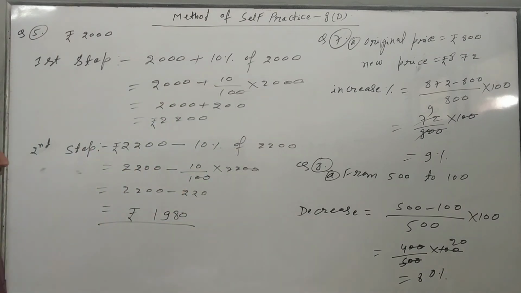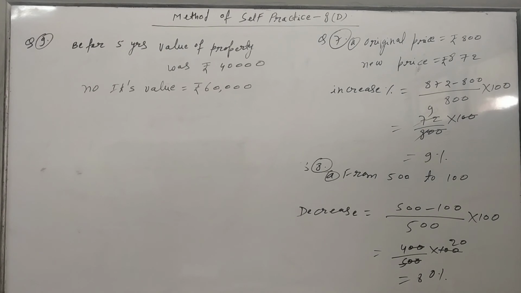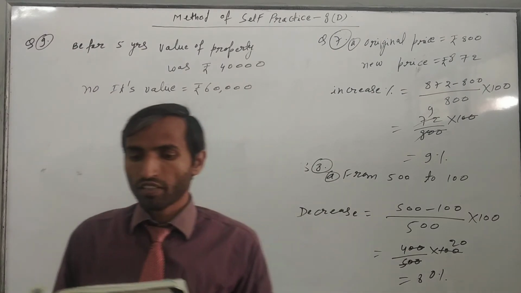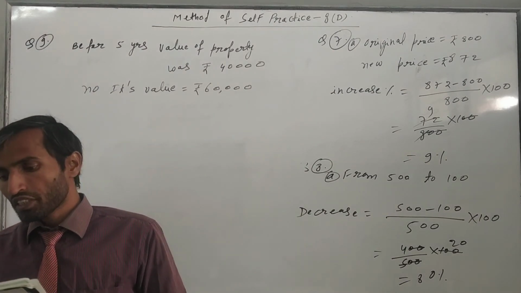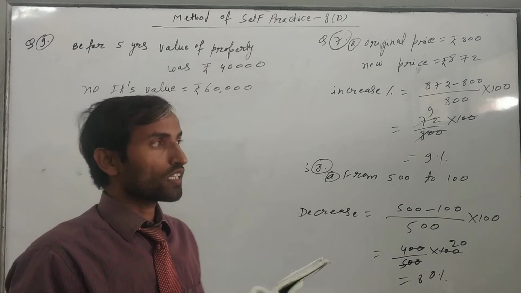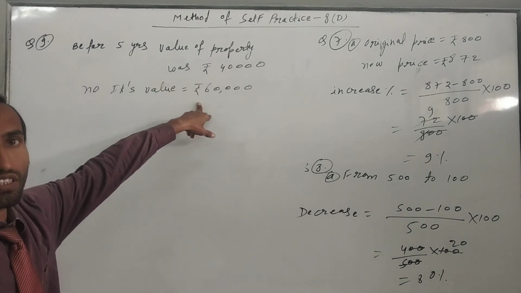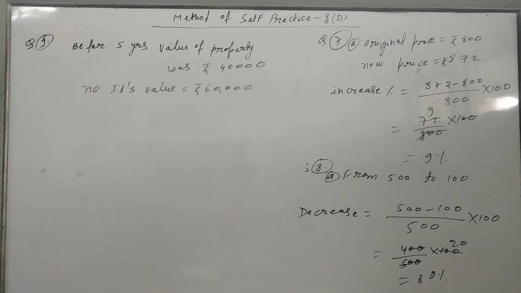Okay, now we have to solve question number 9. Just see what is given in question number 9. All of you, first of all, read question number 9. In question number 9, a property which was valued at 40,000 5 years ago is now valued at 60,000. What is the percentage increase in value? So the previous value is 40,000, now it is 60,000. We have to find the percentage increase.